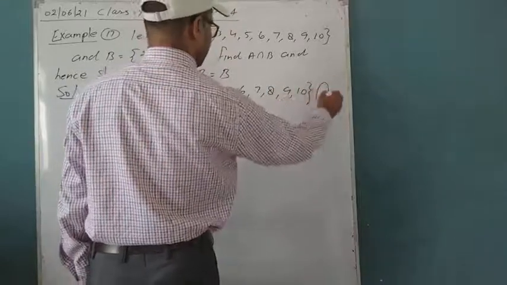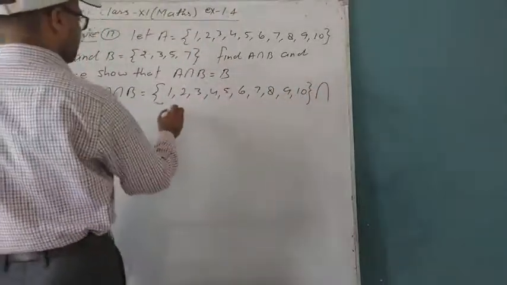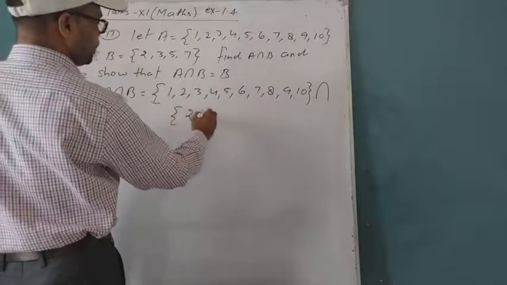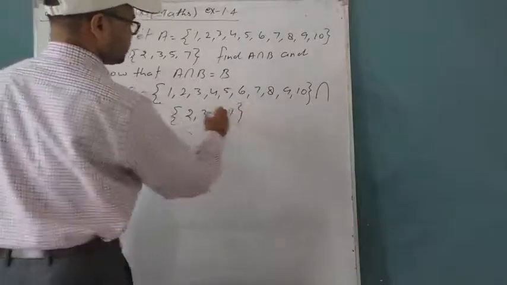Then intersection B, B means 2, 3, 5, 7.